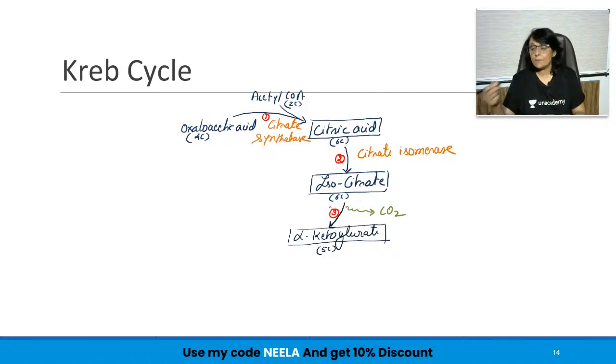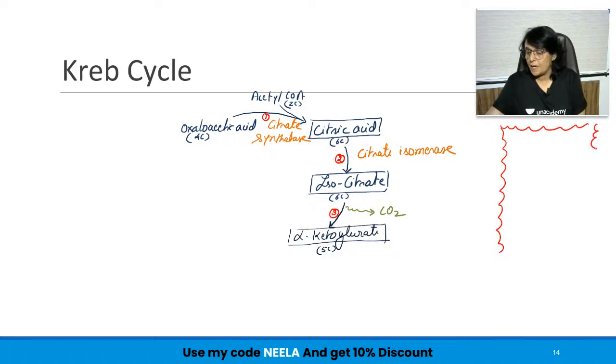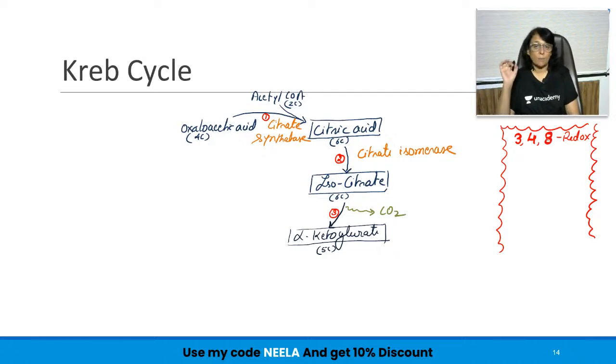Now, if you remember, I gave you an important key or information yesterday that step number 3, 4 and 8 are redox reactions. Which steps? 3, 4 and 8. See, you have to remember these numbers.